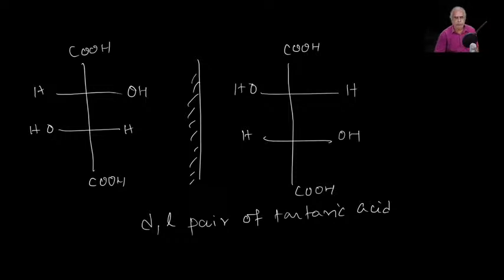So the mixture of these two can be called D plus L, resulting in DL, in equimolar ratio. So when they are mixed in equimolar ratio, they cancel out each other's optical rotation, and that is why it's called DL form. And this DL form is optically inactive. Take down.